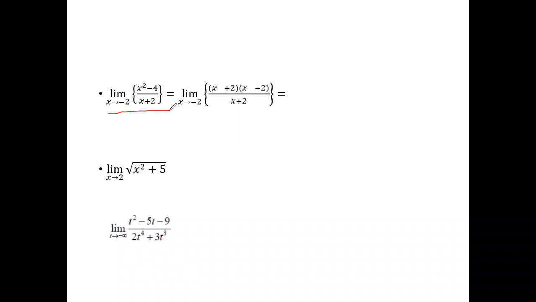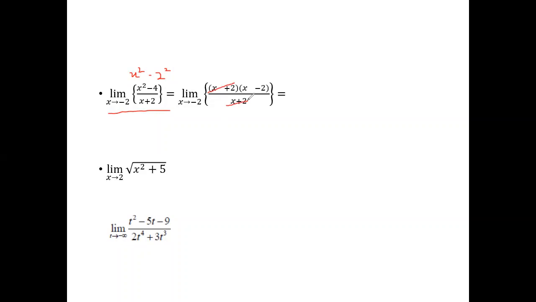Okay, and this is x squared minus 2 squared. So that should give you, when we re-express it, x plus 2 times x minus 2. Okay, so if that is the case, then it means x plus 2 will cancel out the denominator, which leaves us with x minus 2 in the numerator.